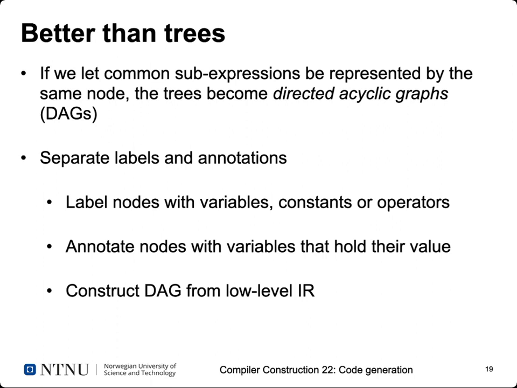We convert our tree to a DAG, a directed acyclic graph, which means we can actually reuse results of subexpressions we have calculated. To do this, we need to separate labels and annotations. We need to label nodes with variables, constants, or operators. Then we annotate nodes with variables that hold their value. And finally, we can construct the DAG from our low-level intermediate representation.